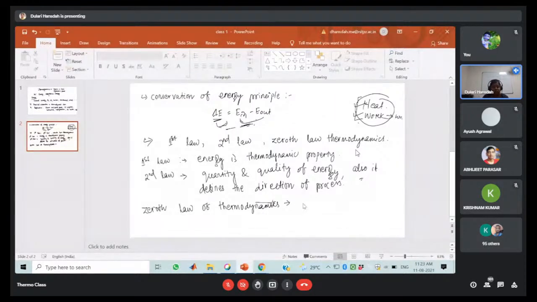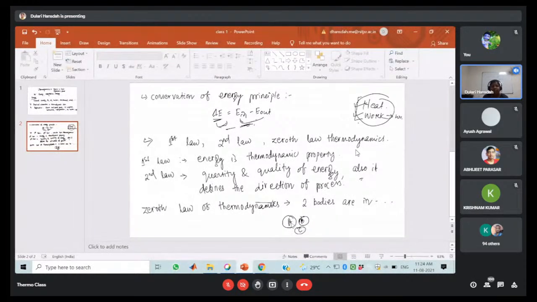So zeroth law of thermodynamics defines the term that is your temperature. The law defines that if two bodies are in thermal equilibrium, no need to write, I think I will give you the example. Okay. So A, B, C, it is a common example. All of you have this idea.